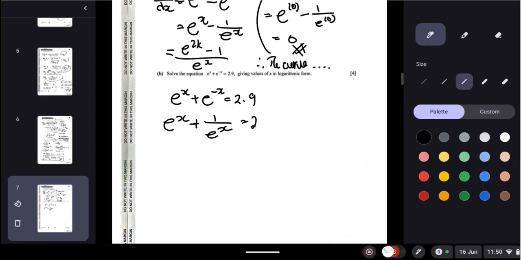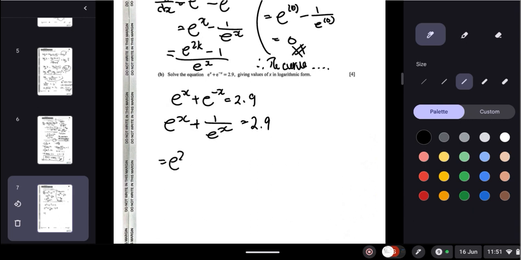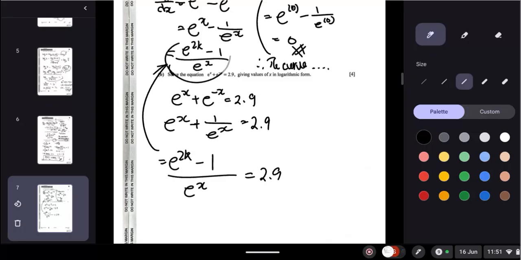So 2.9. A lot of people, how they do it is, okay, let me show you. They knew that they had to do it here, but they didn't need to have done it here.